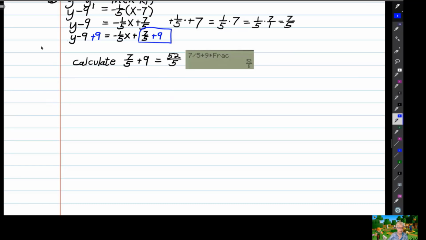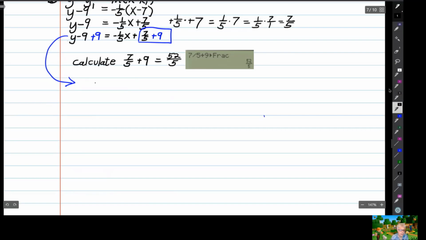Now this tells me that I'm about to get fracked. No, I'm not. This number is about to get fracked. Enter. 52/5 in lowest terms. You don't have to double check it. So the answer here is 52/5. There. Now I'm noticing that something I forgot to do was finish this up.